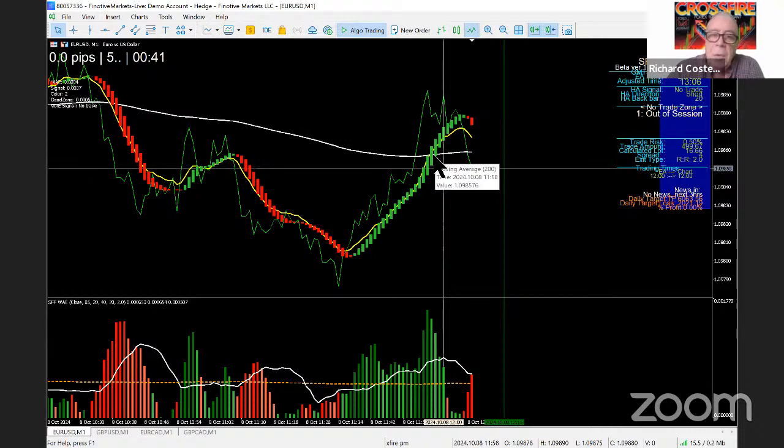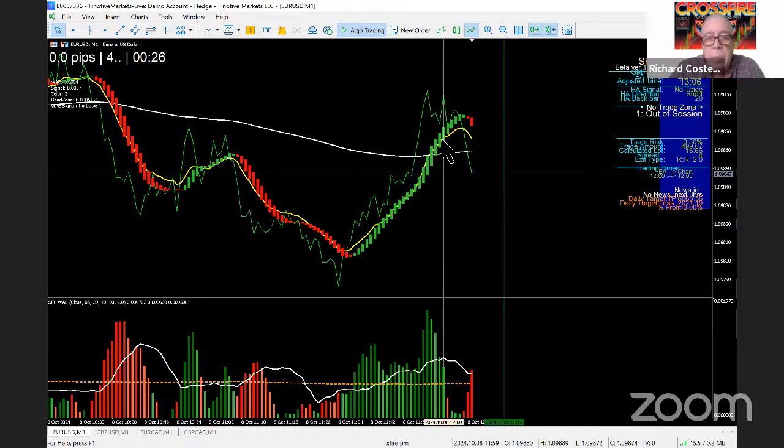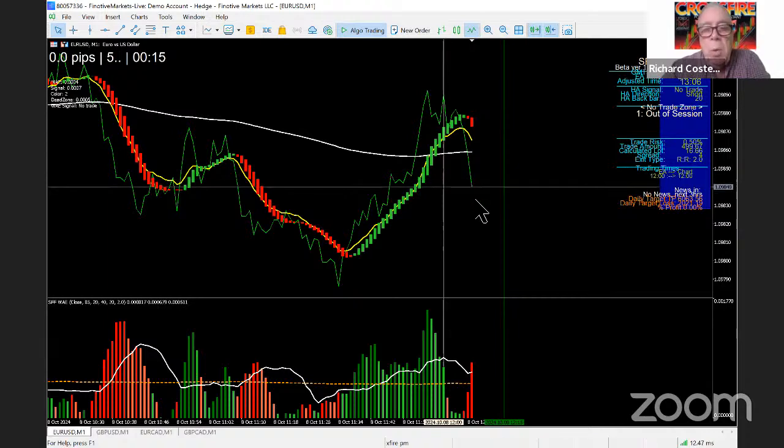In my settings, I've set it to look back 12 candles. So that crossover occurred on that candle there, and that's 1, 2, 3, 4, 5, 6, 7, 8, 9, 10. So it would take that into account. So that's three components that we're looking at.